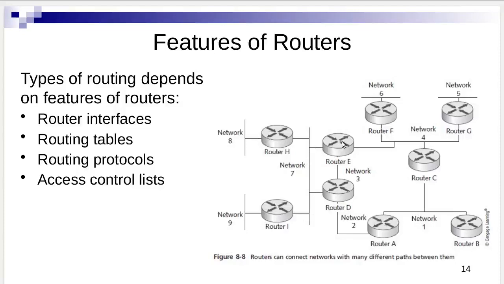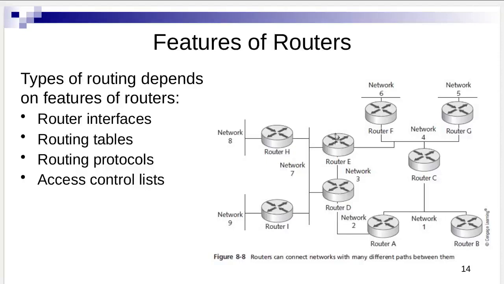Also, you can have routers connected directly to another router. And remember that these two interfaces are going to be like interfaces, so you need a crossover cable to connect router E to router D directly. Whereas these are switches, so you can use straight through cables from routers.